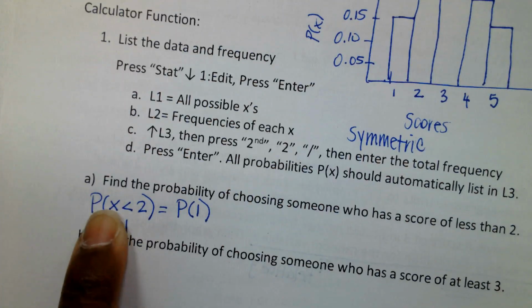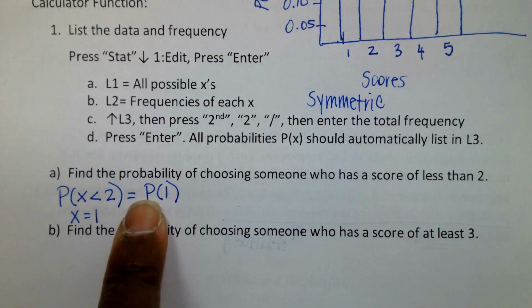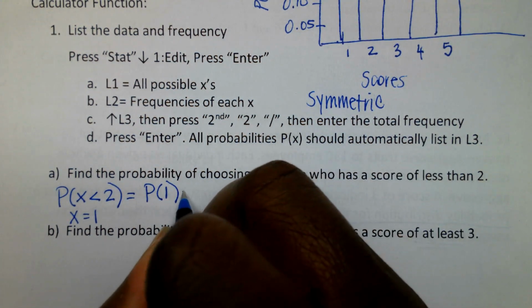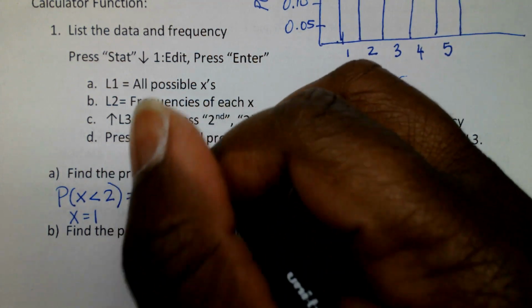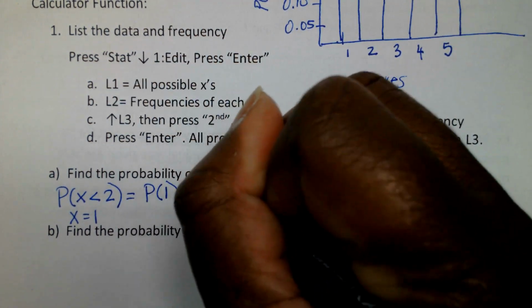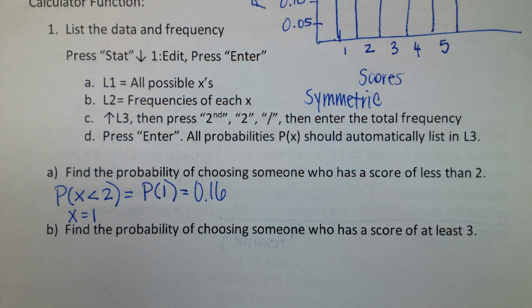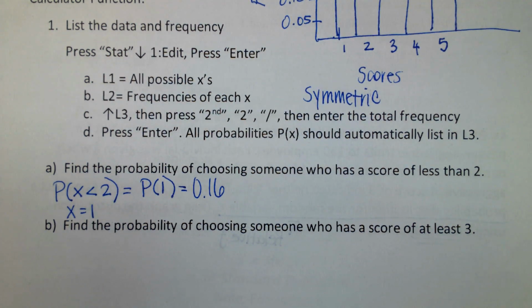All the x's less than 2 means we only want the probability of 1, so P1 for x equals 1. So P1 is equal to 0.16. So less than 2 does not include 2. Let's look at the next one and it'll make a little bit more sense.